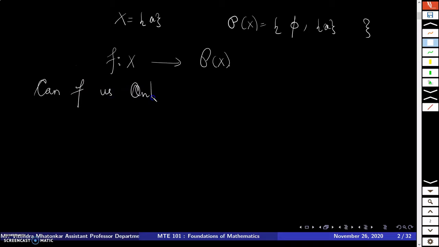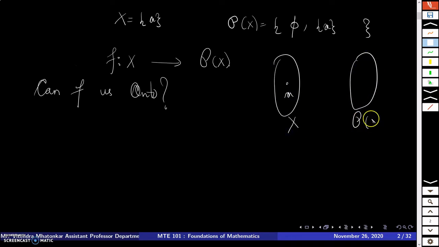This is the question. All right, so X has only one element, that's A. So this is X, and the power set of X has two elements. One is the empty set and the second element is the singleton set A, right? So I have a function now from X to the power set of X, that's f. Can this map be onto?